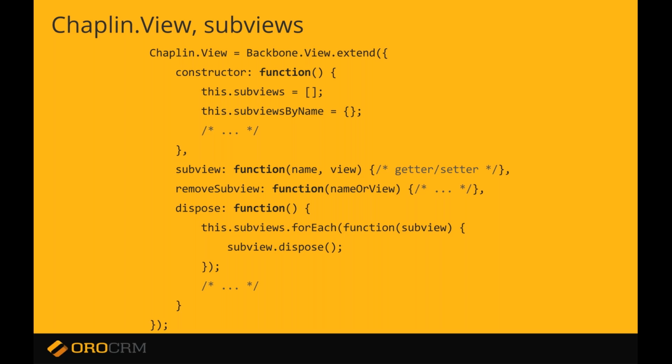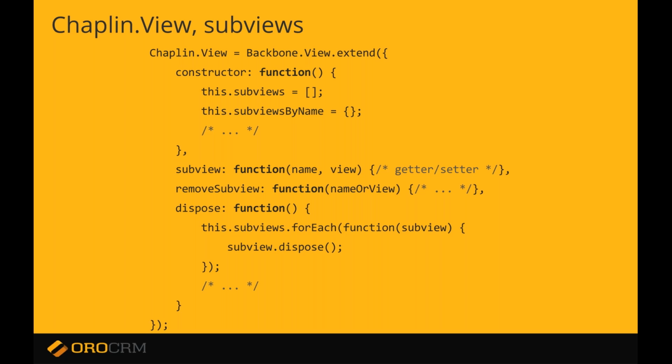Chaplin also introduced an approach for subviews. So in Chaplin, we can easily maintain several child views inside of one parent view. Inside of the Chaplin constructor there is an array of subviews and also an object, a hash, of subview name to view instance.